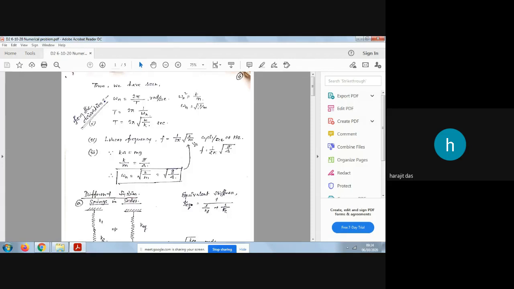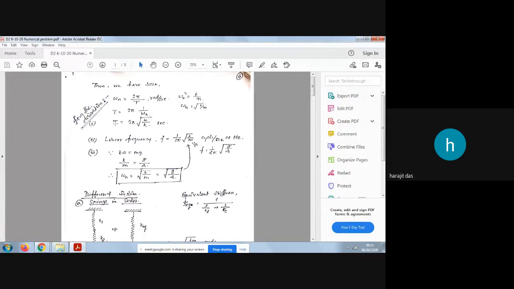Omega n equals under root k by m, where k is the stiffness of the system, m is the mass of the system. This m is the equivalent mass or the total mass of the system. This k is the equivalent k. There may be a number of springs, so you need to find out the total spring constant, or the equivalent spring constant. After that only you will be able to find the natural frequency of the system.